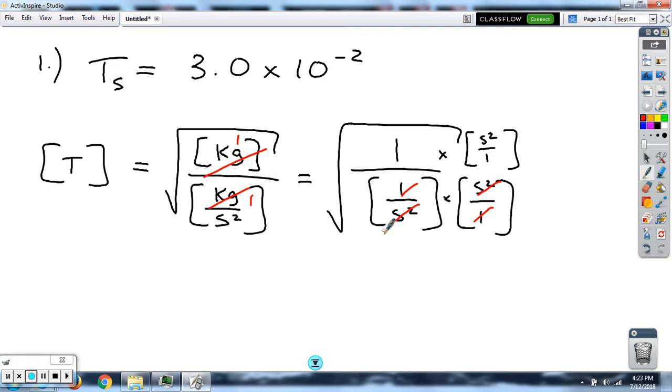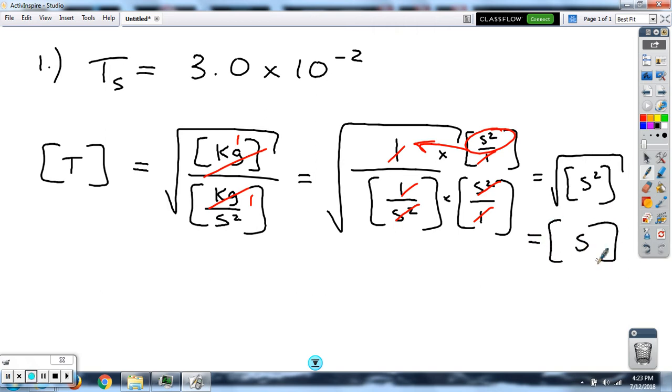By doing that extra step, that gets rid of the complex denominator, and all you're left with here is the second squared on top. So you get the square root of seconds squared, and the square root cancels the square out, and you're left with seconds. So you go back up to your number and you put an S there. The period should have units of seconds. So that's what I'm expecting to see is our answers that take this form.